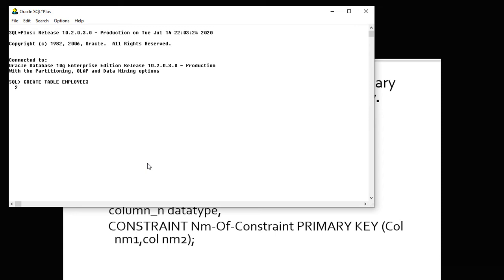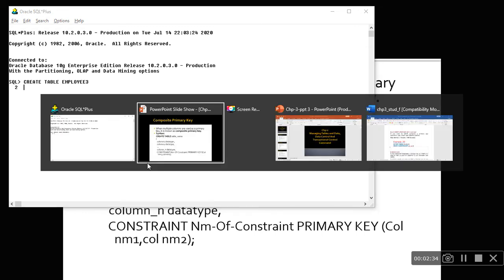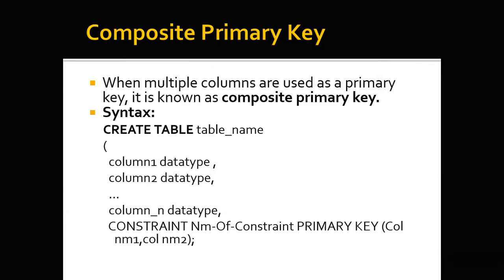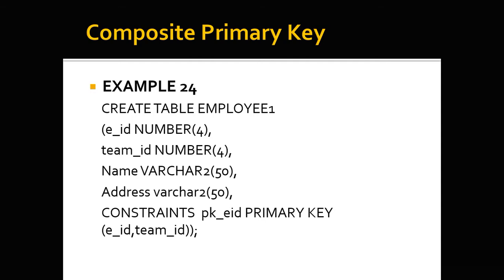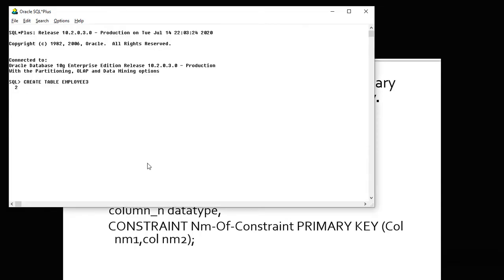Then the columns we want to define in this table are employee ID or employee number, whatever you want to take. Here employee ID, then its data type is number.